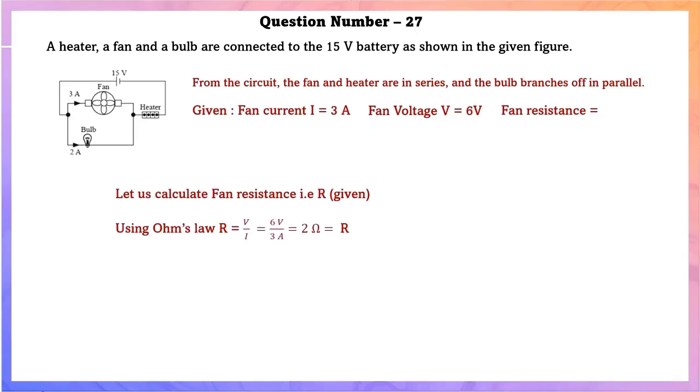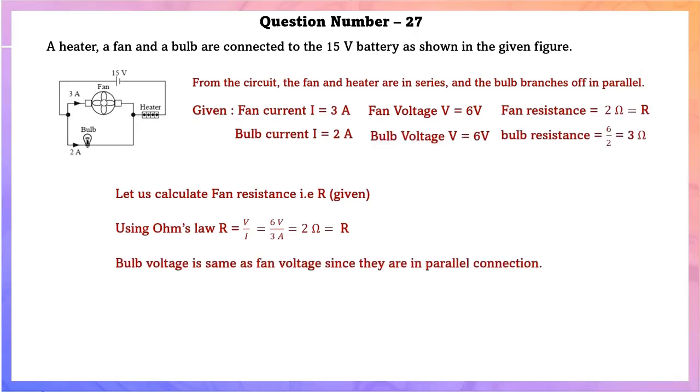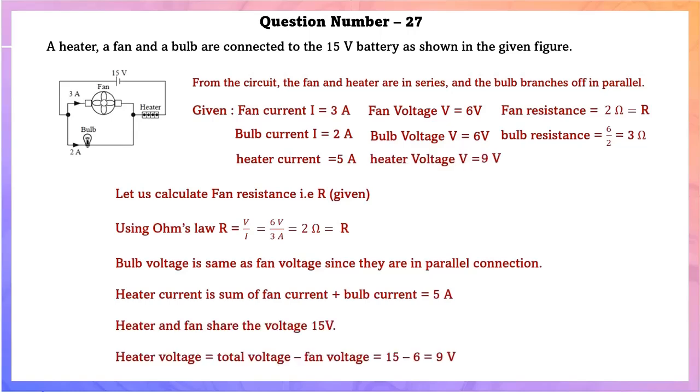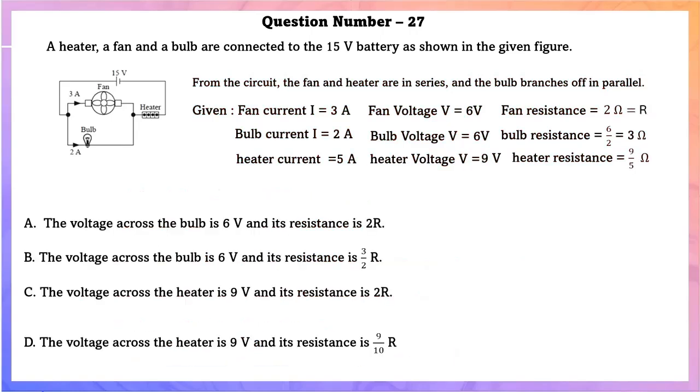Using Ohm's law, let us calculate the fan's current, voltage and resistance, the bulb's current, voltage and resistance, and the heater's current, voltage and resistance. Using this, let us check which statement is correct. Given the fan's resistance is equal to 2 ohms, which is equal to R. The voltage across the bulb is 6 volts.